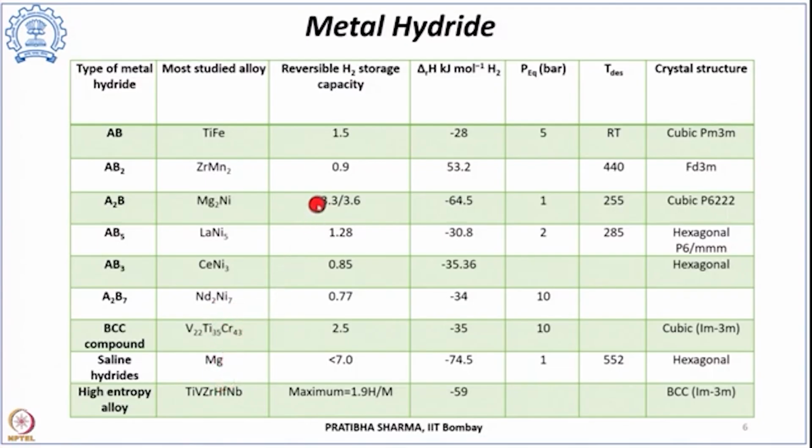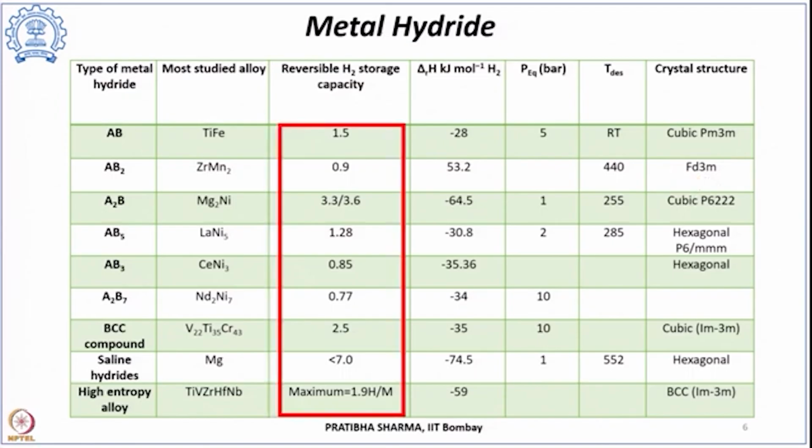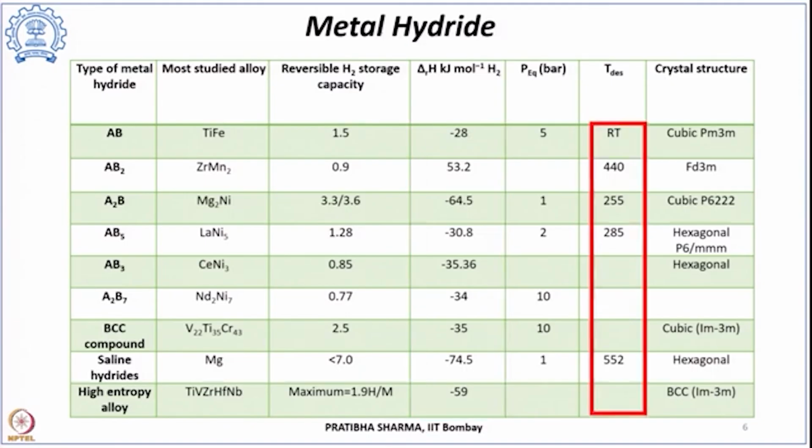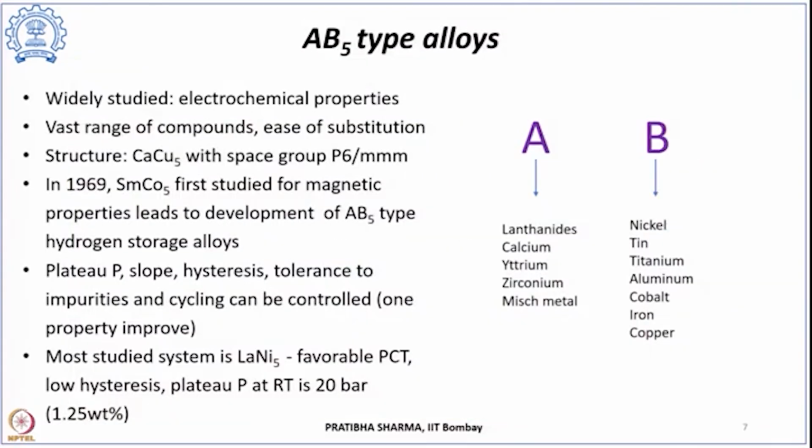So their reversible storage capacity may vary, their delta H value may be different, their equilibrium pressure, temperature and crystal structures may vary. And these are quite important when we design a particular metal hydride based hydrogen storage system. All these need to be considered while selecting an appropriate material.